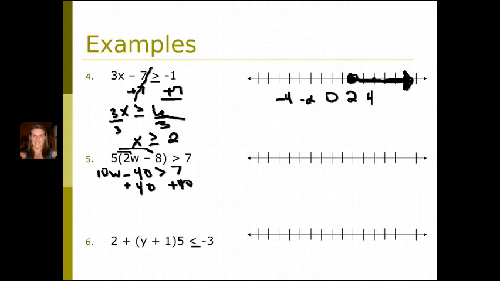And you have 10w is greater than 47. Divide both sides by 10. And you have w is greater than 47 over 10.